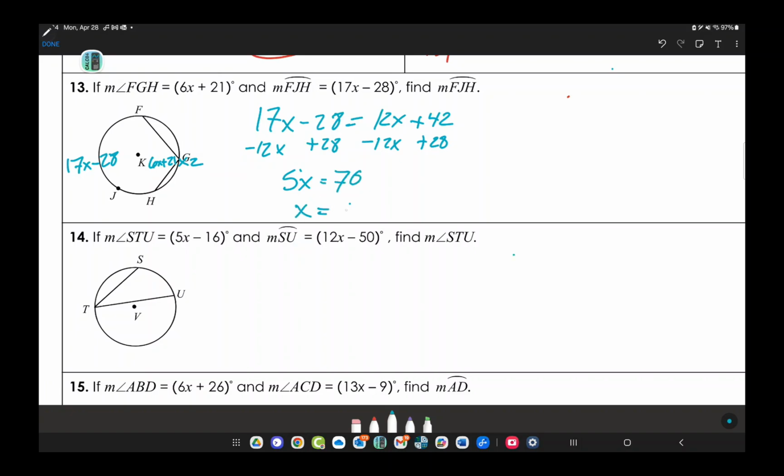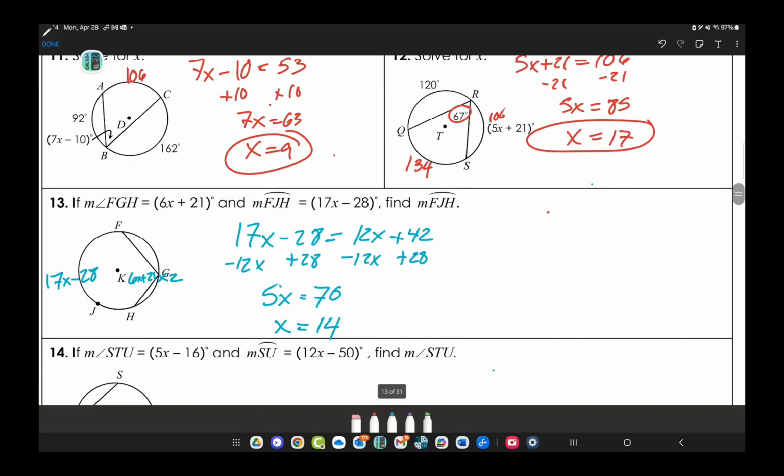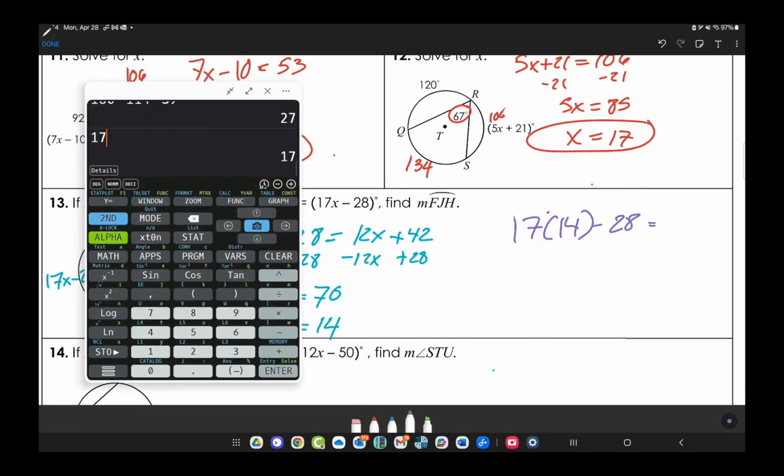So x equals 14. Now they want the measure of arc FJH, so we're going to take 17 times 14 minus 28. 210.